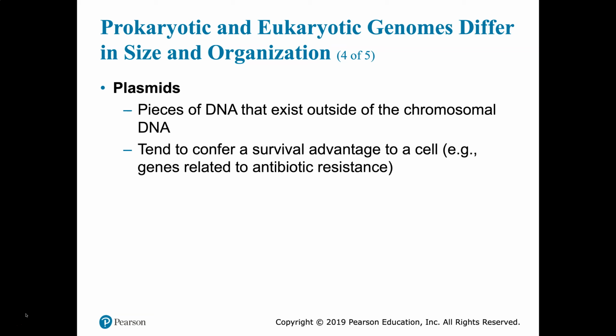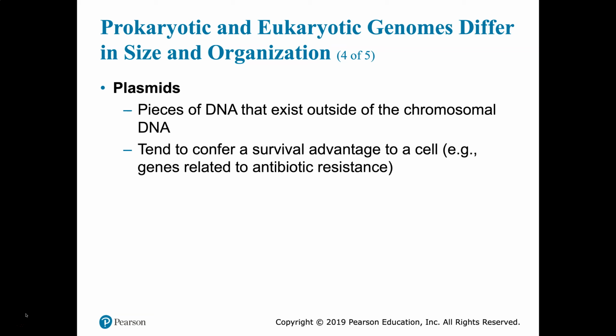Whether that's genes that allow it to become pathogenic, sure. Antibiotic resistant, sure. Have the ability to create certain proteins or certain toxins, absolutely. So plasmids can allow for traits that the cell didn't have prior to obtaining that plasmid.